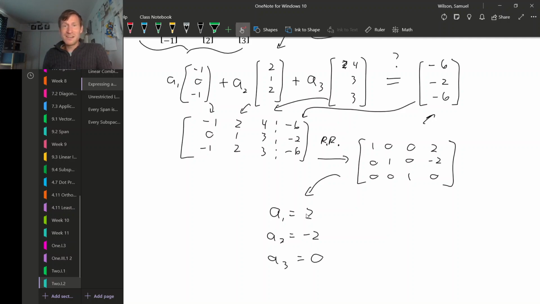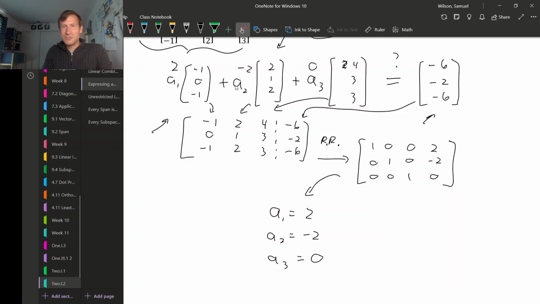Right, so what this is telling us is if we go back up here and we put a 2 here as this scalar multiple, and a -2 for this scalar and a 0 for that scalar, we ought to get -6, -2, -6.